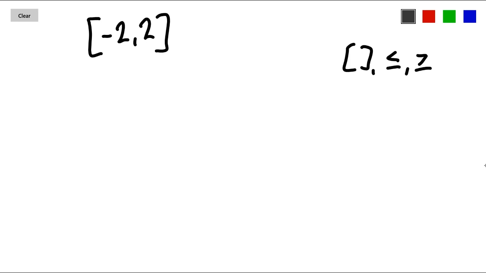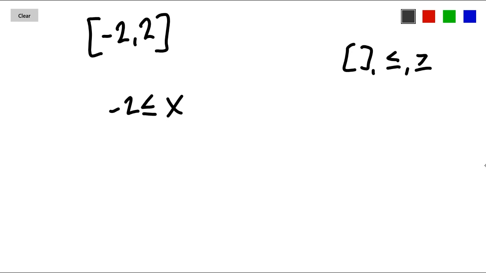And then let's say that I have the interval from -2 to 2. So notice how these are bounded with brackets. So I'm going to be using the less than or equal to and greater than or equal to inequality symbols. So if I have a number x in between these two bounds, I know that x is going to be greater than or equal to -2 because of the bracket over here and the fact that -2 is our lower bound.